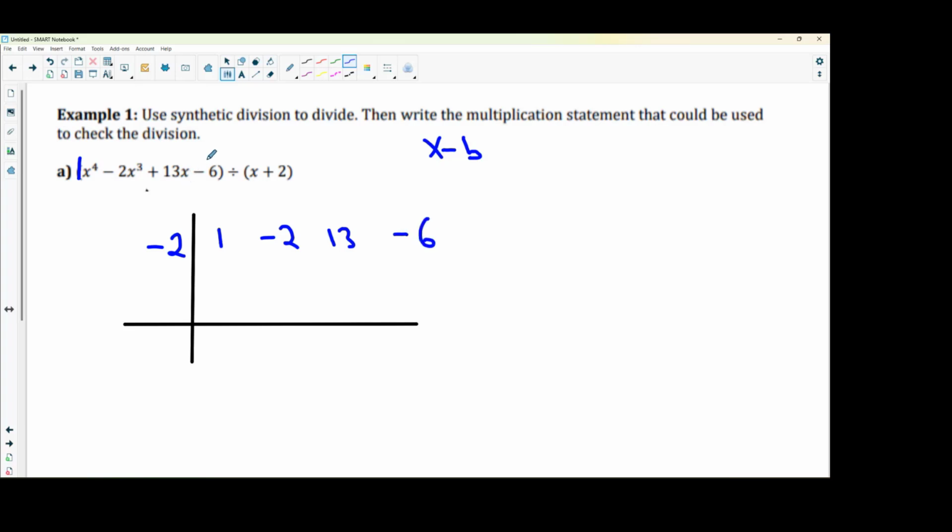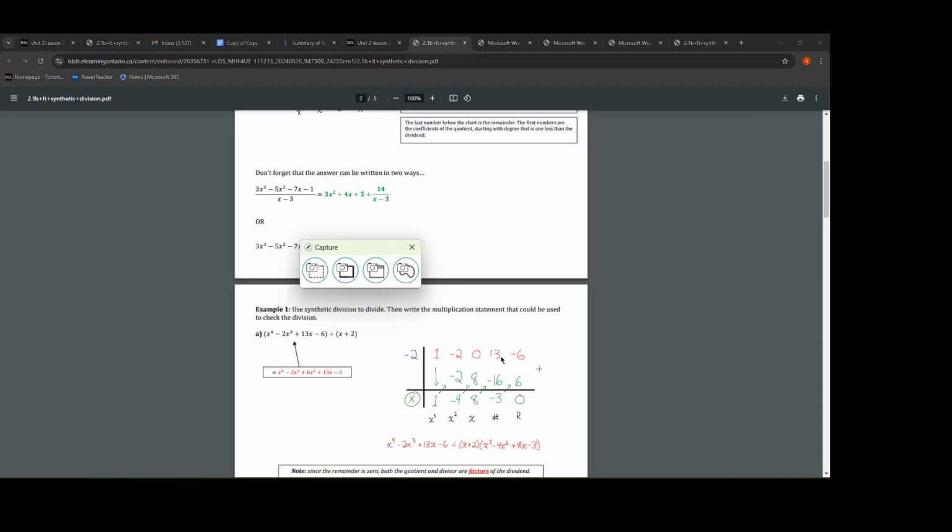Something tricky here. We have x to the power 4, x to the power 3, then we go to x to the power 1. We skipped a power in the middle. Does that affect our synthetic division? Yes, it does.